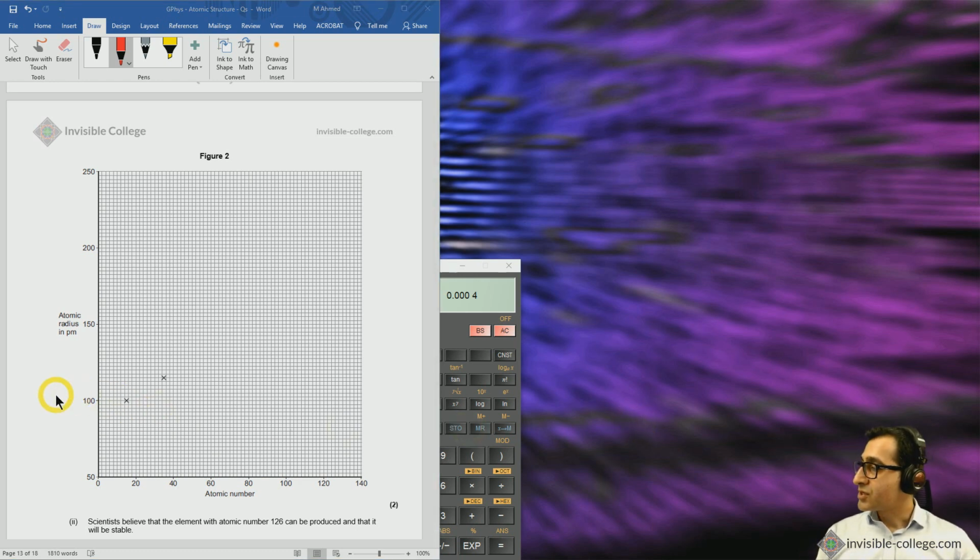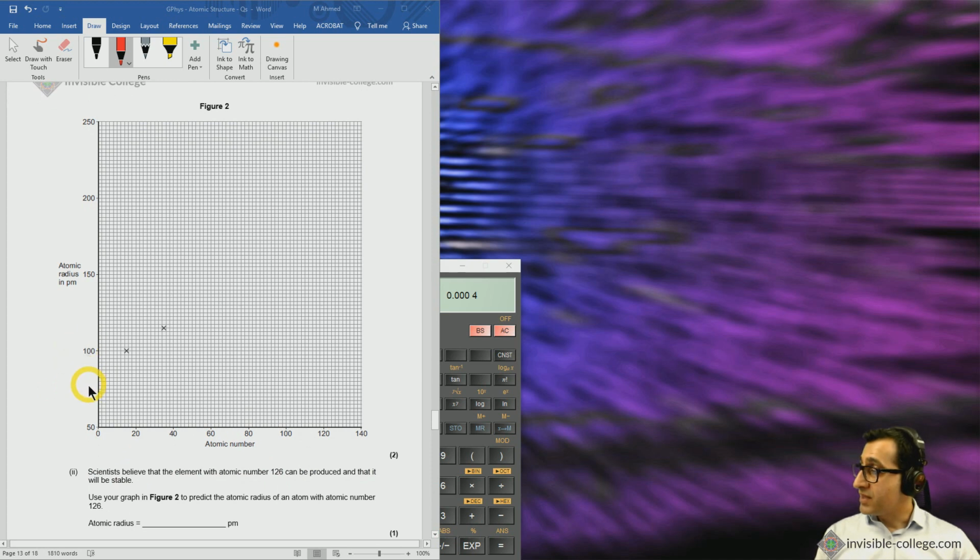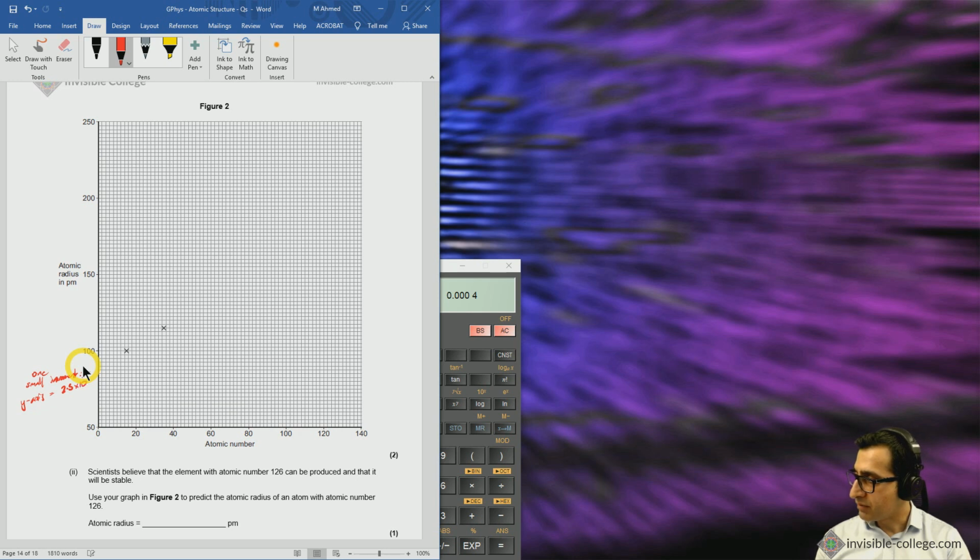Okay, so given that we have 20 small increments between 50 and 100, that makes each one of these small increments on the vertical axis worth 2.5 picometers. So one small increment on the vertical axis is equal to 2.5 times 10 to the power minus 12 meters, 2.5 picometers.